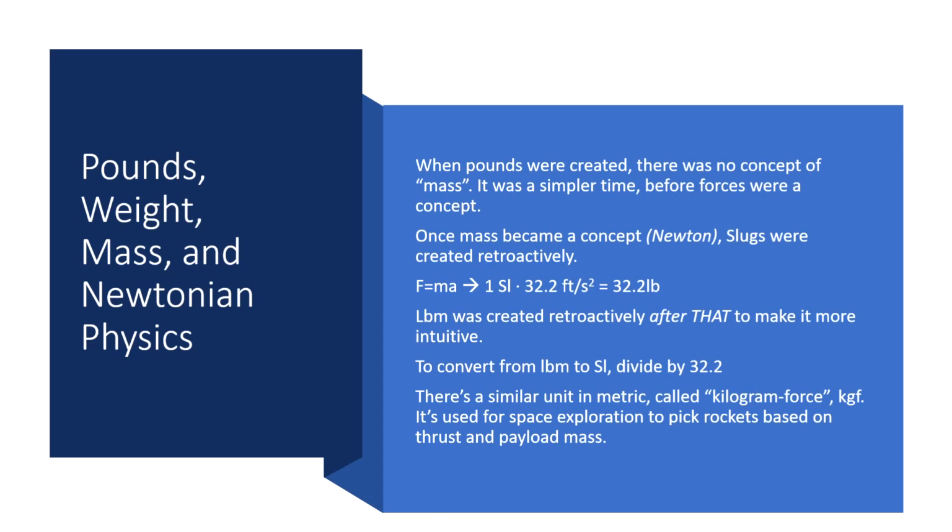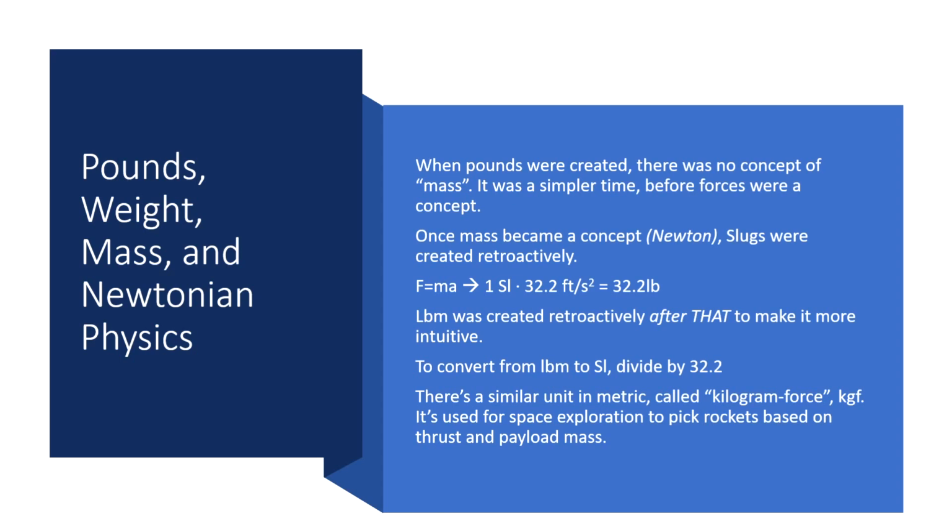So, force is mass times acceleration, so what we have to do is divide force by acceleration. To get slugs, you take the weight of something on Earth and divide by the acceleration due to gravity. So we get this unusual unit where we have to work backwards from weight to figure out what the mass is. So one slug weighs 32.2 pounds on Earth.